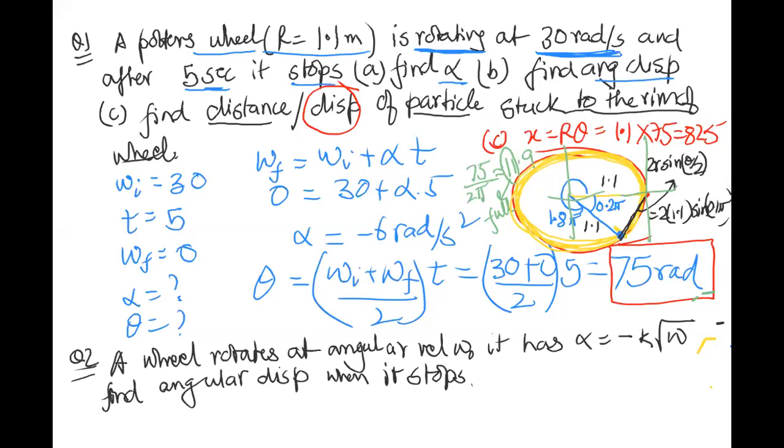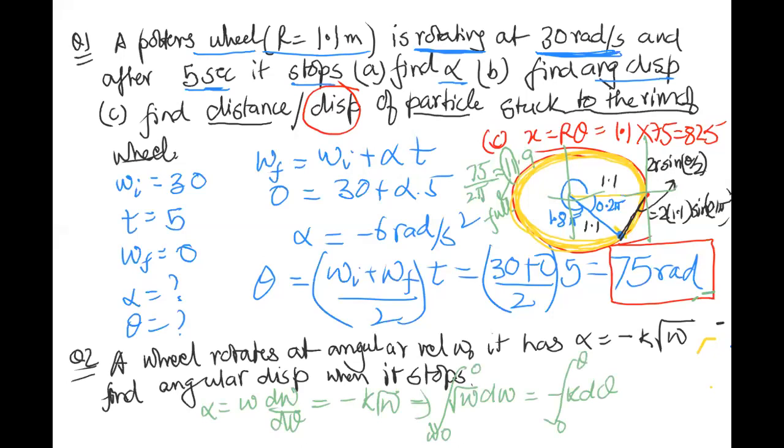So the way to do this is to just write alpha is equal to omega d omega by d theta is equal to minus k root omega, and you can rewrite this equation as root omega d omega is equal to minus k d theta, and we integrate this from omega naught to 0, and this goes from 0 to theta, and upon integration you will get omega naught raised to the power 3 by 2 upon 3 by 2 is equal to k theta, right?